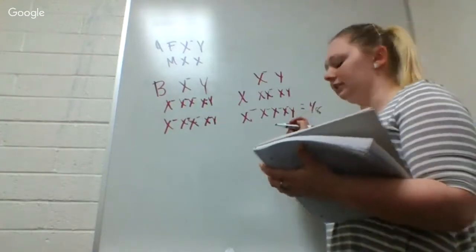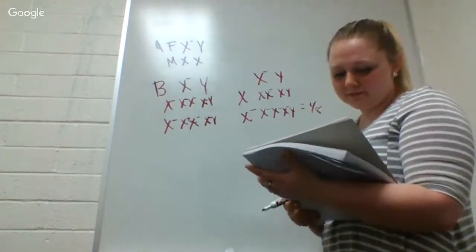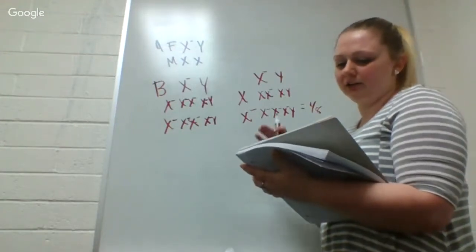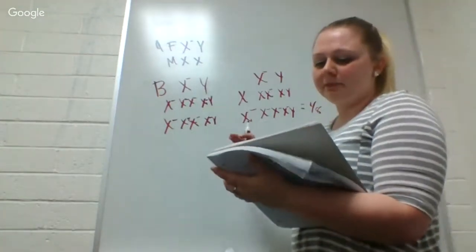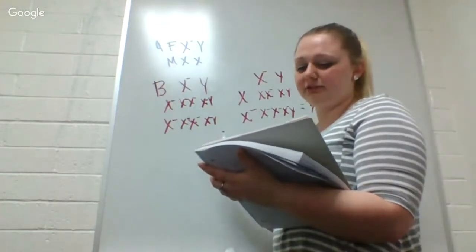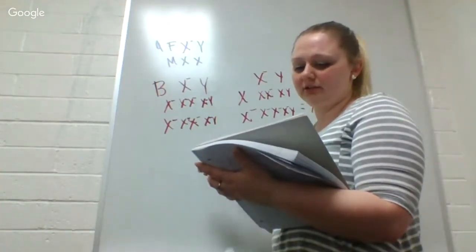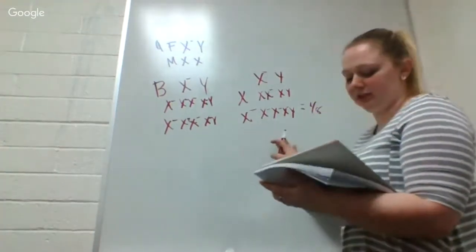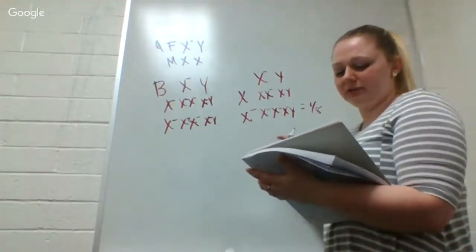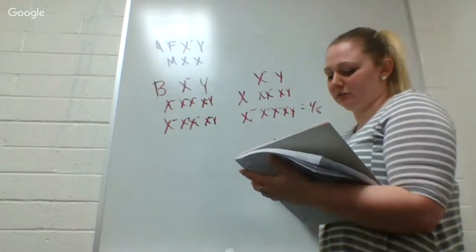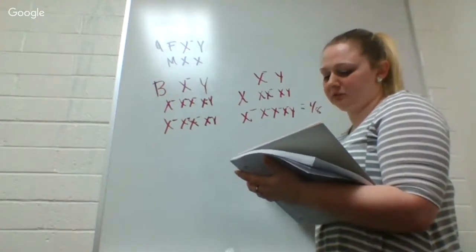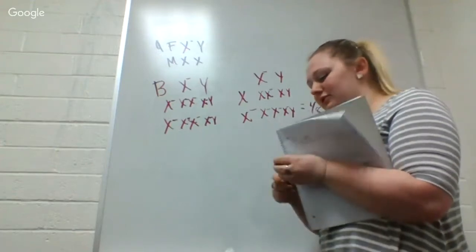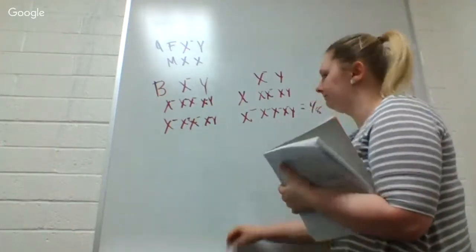From that, we can see that they are either going to be half, or 2/4, affected females and half affected males, or for option B, we have 1/4 unaffected females, 1/4 affected females, 1/4 unaffected males, and 1/4 affected males. And that'll take us to question 4.